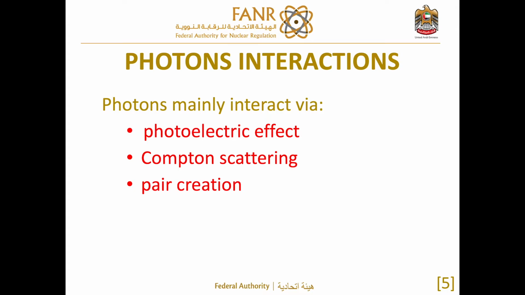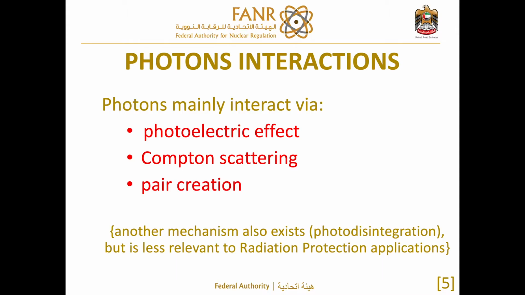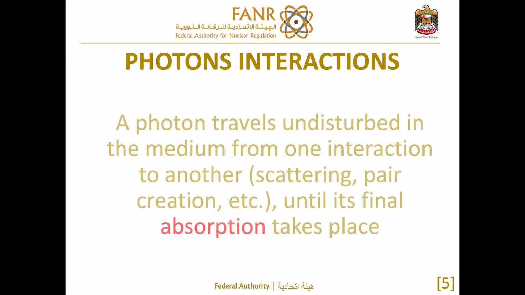And the third one, pair creation, is a little bit more complex and involves the creation of a pair of electron and anti-electron, a positron, and the disappearance of the photon. We will see this a little bit in detail. There are also other mechanisms of interaction, but they are not so important for radiation protection applications.